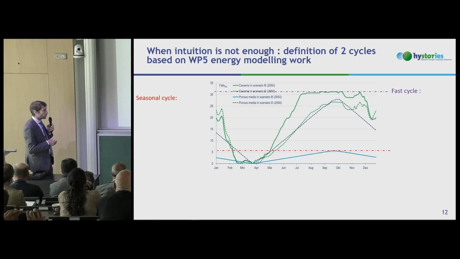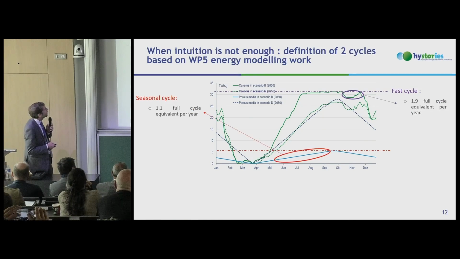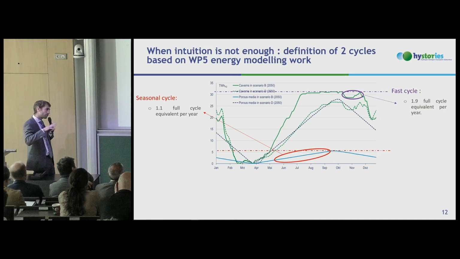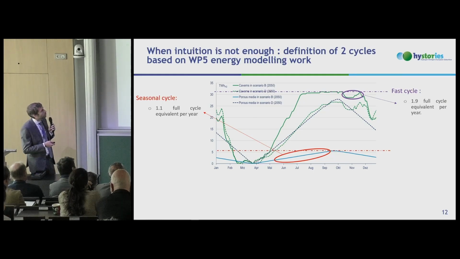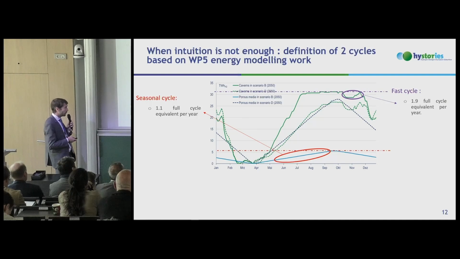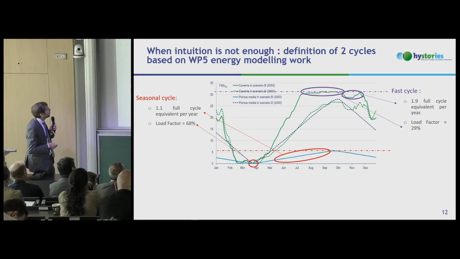But we don't use only this information for designing storage sites. We also have to use the equivalent number of cycles per year. So you see here it was said there is a seasonal pattern and also a lot of shorter term cycles. So that's why in short we've got 1.9 full cycle equivalent per year. And here we've got only one cycle, no cusp, very clear.